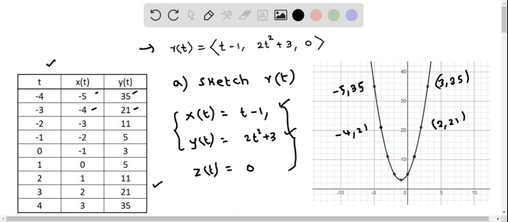Likewise, we have the other points, these two symmetric points, and this one. Basically, this represents the vertex of this parabola. The sketch of this position function r of t is basically a parabola. This is on the xy plane which we have plotted. So this is the sketch of the position function r of t.